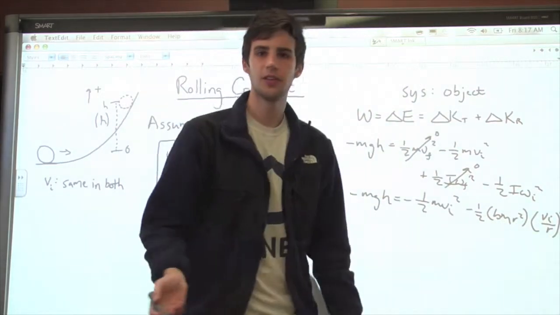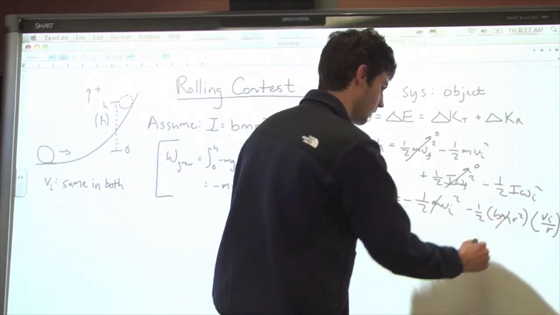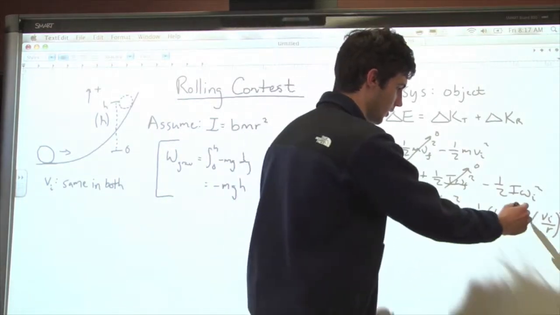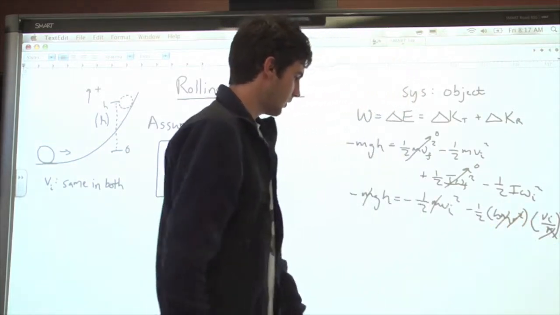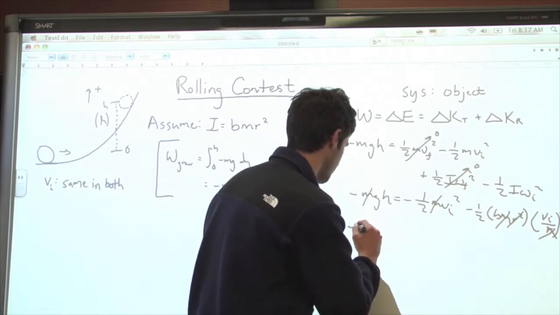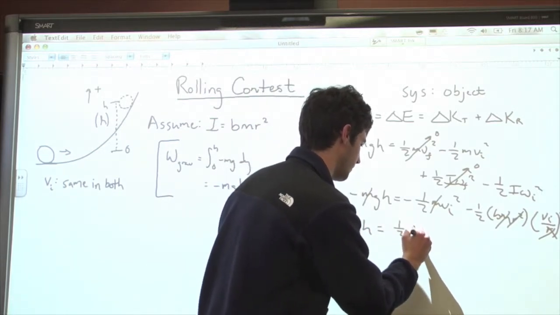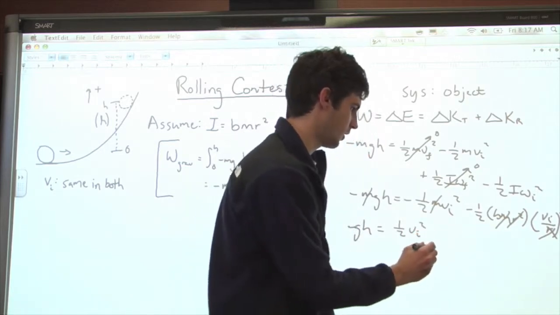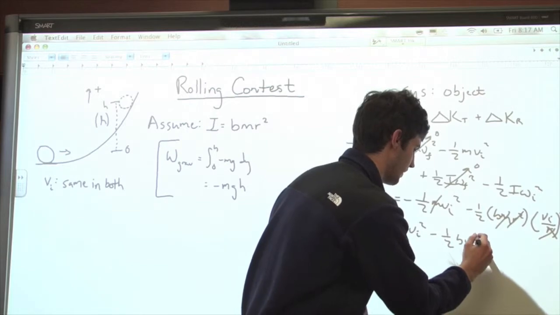One thing I noticed is that there's a mass in every term, so I'm going to get rid of those. And I also noticed that this r squared over here cancels with that r squared over there. So what this simplifies to is minus g h equals 1/2 v i squared minus 1/2 b v i squared.